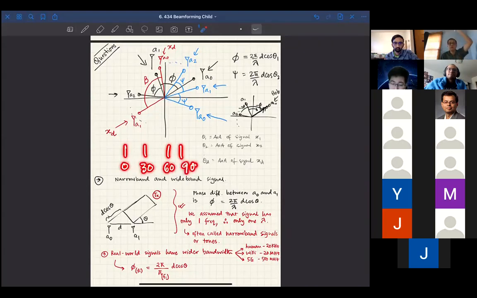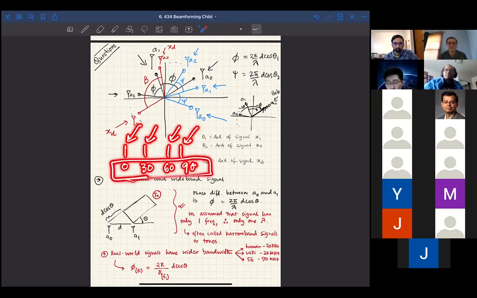And then you see, whoa, things just spike up. Why? Because when the signals arrived at these antennas, they were actually minus 30, minus 60, minus 90 phase shifted because of that d cos theta. And now because you've compensated for those delays, your signals all line up and they spike up. Right? So then you say, this is the right phase shift. And you could calculate the theta corresponding to this phi, and you say, that's my angle of arrival.